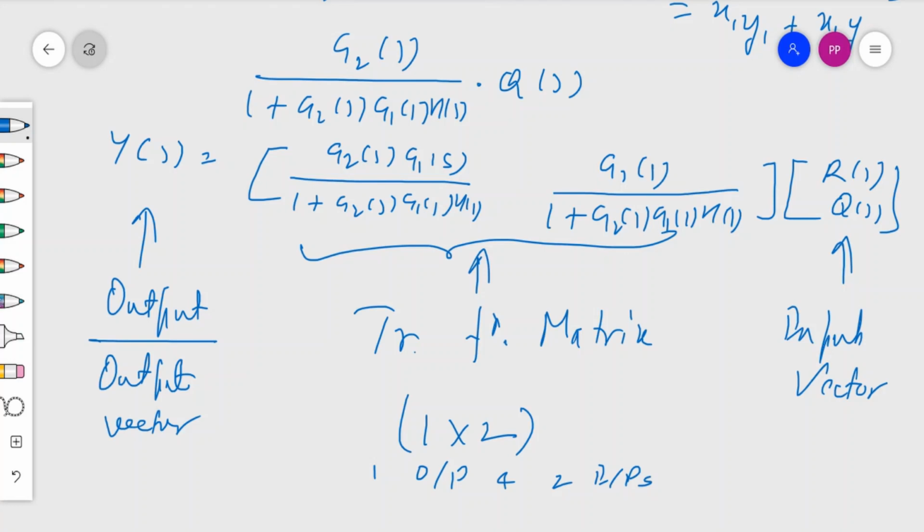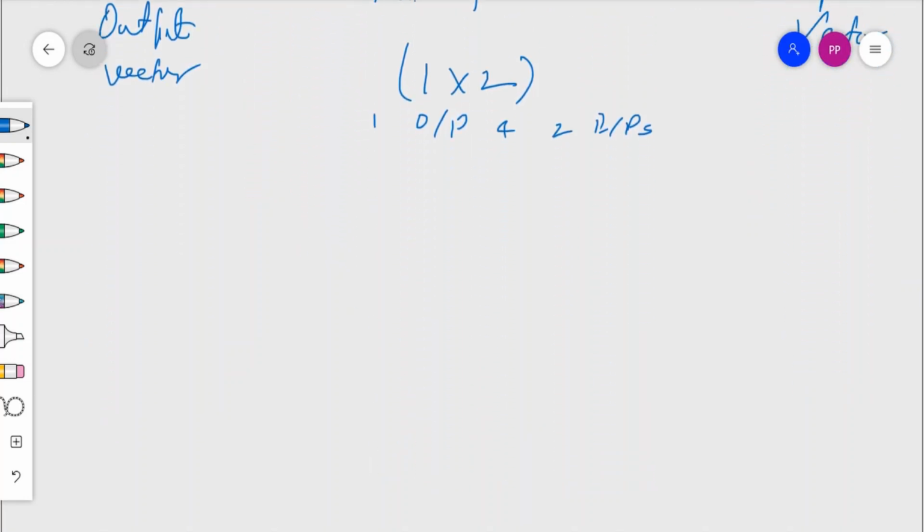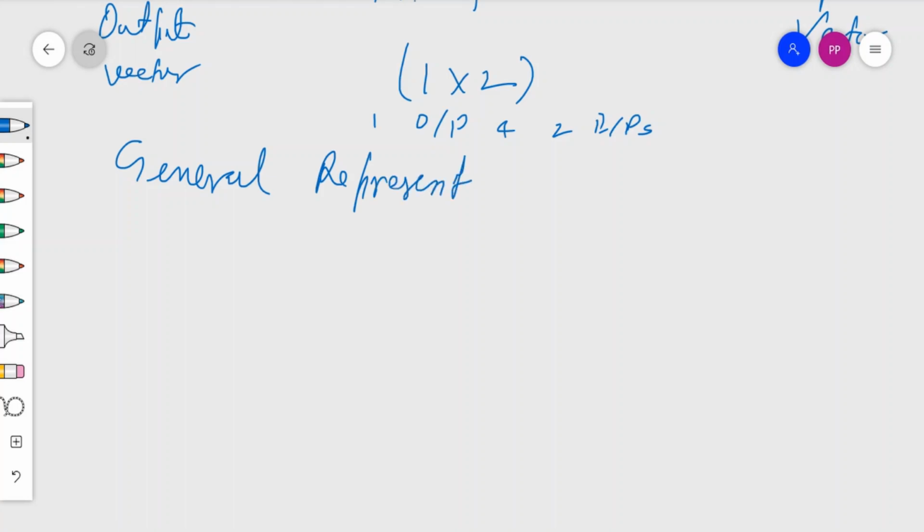So this can be generalized with an expression in the matrix form, which can be presented like this. So I write the heading: general representation of a MIMO system.